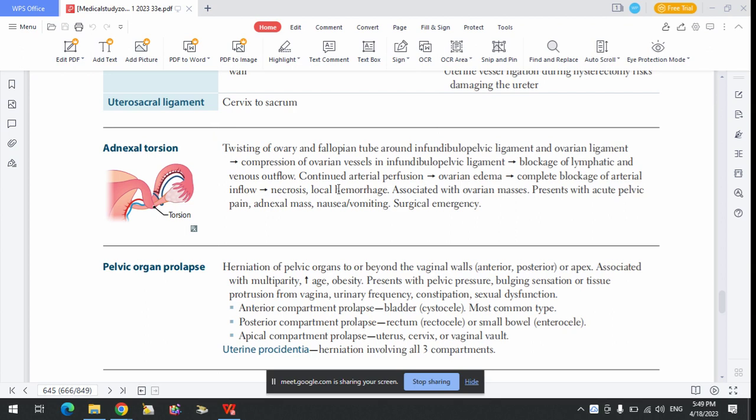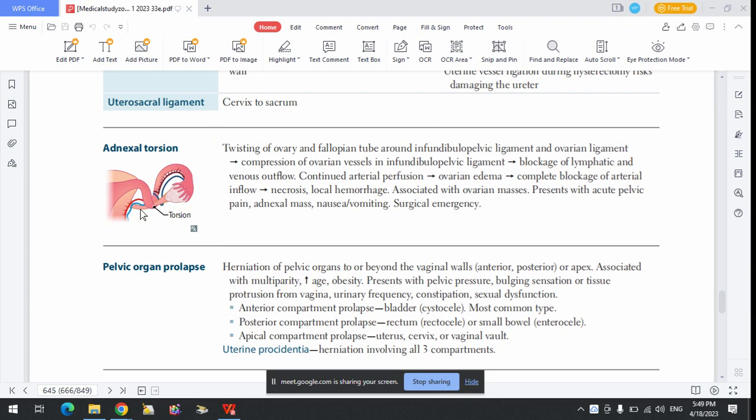So it's very easy to understand. Just know that there's twisting of the ovaries around the infundibulopelvic ligament and the ovarian ligament. Because of the twisting around the infundibulopelvic ligament, there is obstruction of the lymphatics and the vein, so they cannot drain blood away from the ovary. Blood will keep pooling within the ovary, so the ovary will become enlarged and edematous.